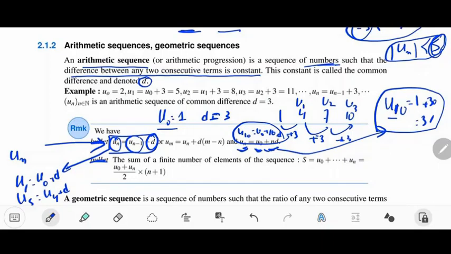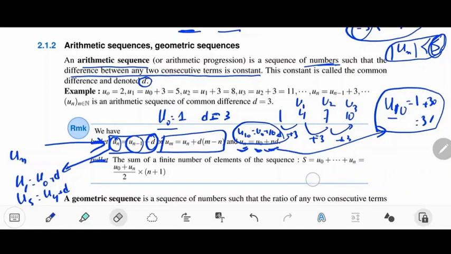That's why we write this formula: any term Um is equal to any other term Un plus d times the difference between m and n. So if you want to calculate U20 using U5, it will be U5 plus the common difference d times 20 minus 5. And this is really very, very important.